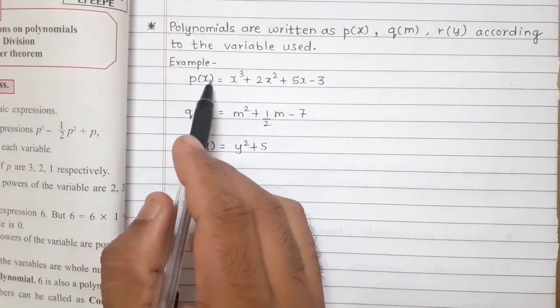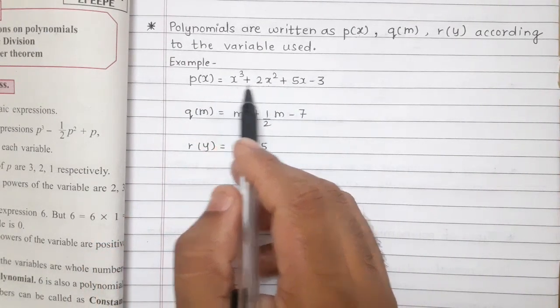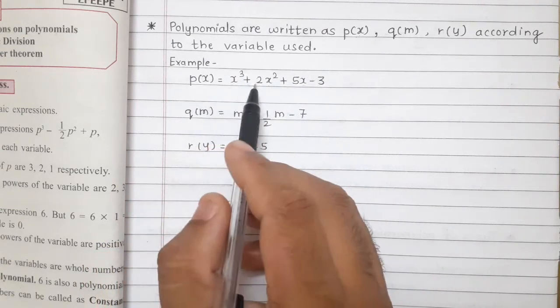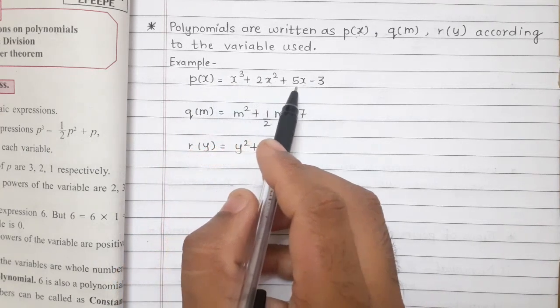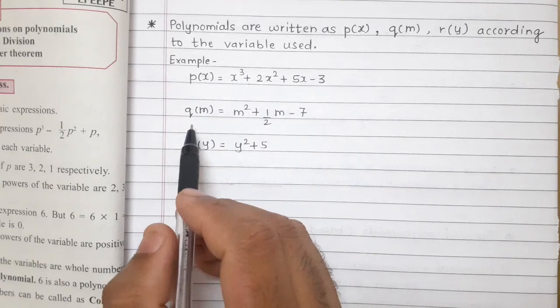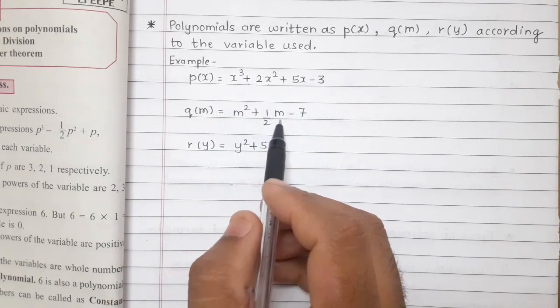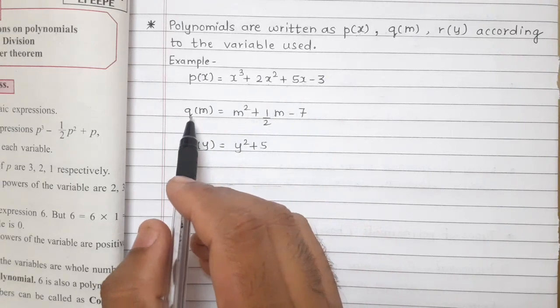See, x cube plus 2x square plus 5x minus 3. In this polynomial, x is the variable, so we can denote this polynomial as p of x is equal to x cube plus 2x square plus 5x minus 3. Now here the polynomial is m square plus 1 upon 2m minus 7. The variable is m, so we can use q here.